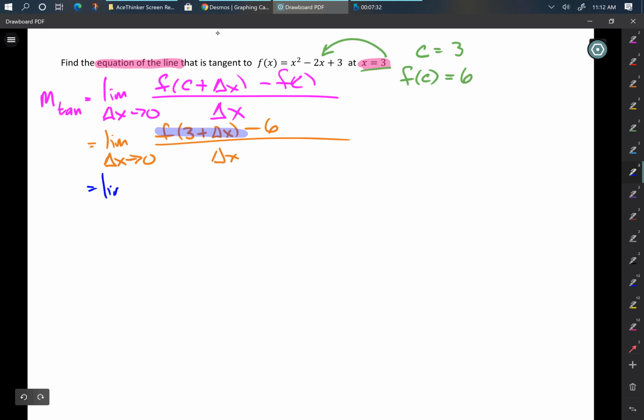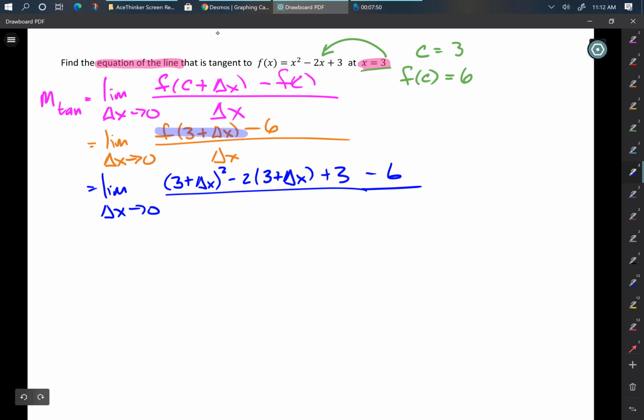So that's going to give me the limit as delta x approaches 0 of 3 plus delta x squared minus 2 times 3 plus delta x plus 3 minus 6 divided by delta x. Remember, this is just that because we're using the function f of x. It is x squared minus 2x plus 3.